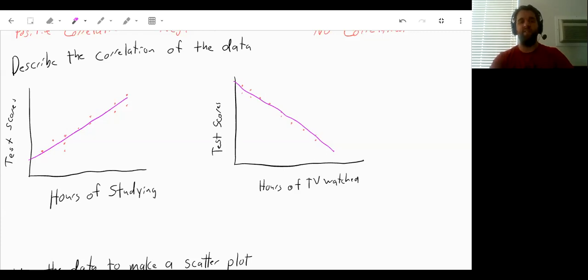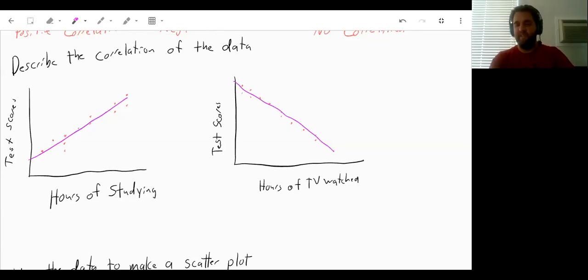Or just because you spent more time studying, maybe you weren't studying what was actually on the test and therefore didn't do better. Just because they can be shown on a graph to be related does not mean that one thing causes the other.